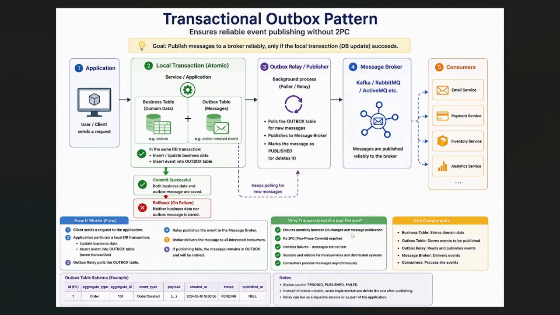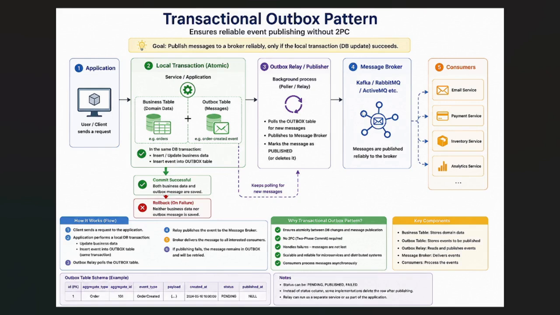It assures atomicity, that is, your database changes as well as your message publication. So even if there is a failure after this database transaction is completed, this poller process will, based on the status, read from it and then put it. If the status is pending, that means it is yet to be put into the message broker. In this way we handle the atomicity.